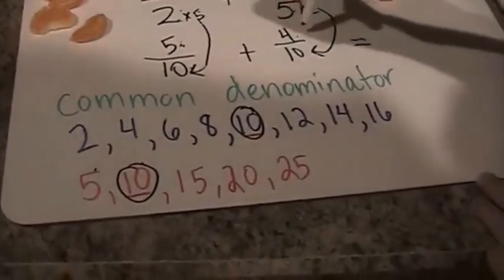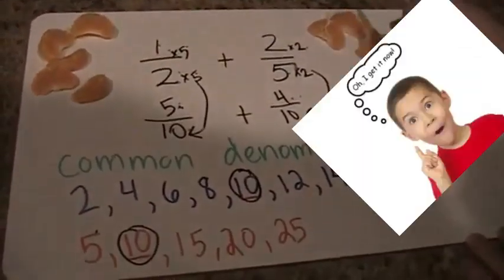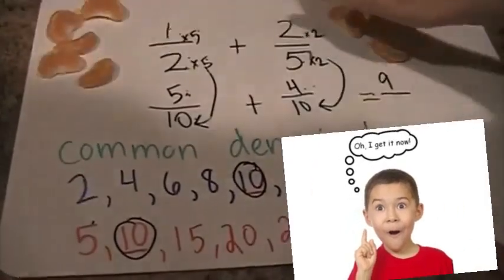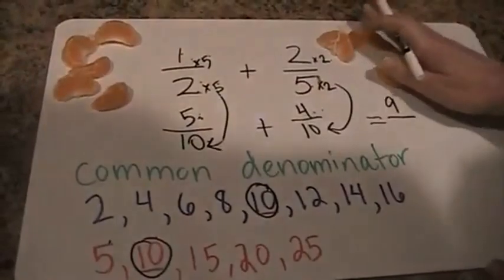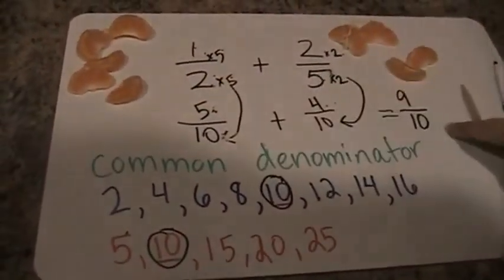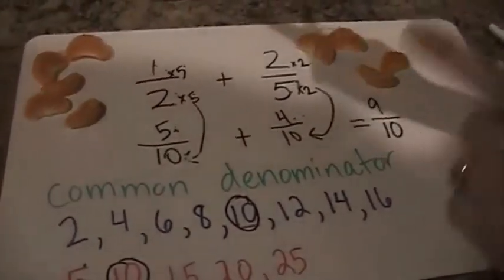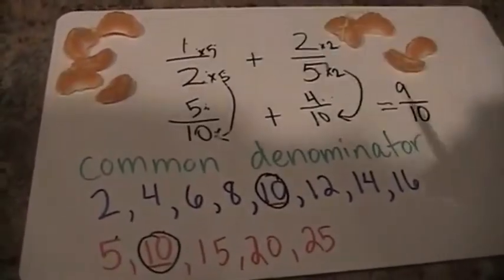And 5 and 4, 1, 2, 3, 4, 5, 6, 7, 8, 9 is 9. And now these pieces and these pieces are all the same size. So I know what to call them. I can call them tenths. My denominator stays the same. Hopefully that reminds you as to why we cannot add unlike denominators.